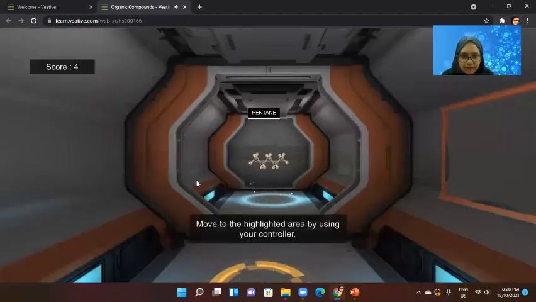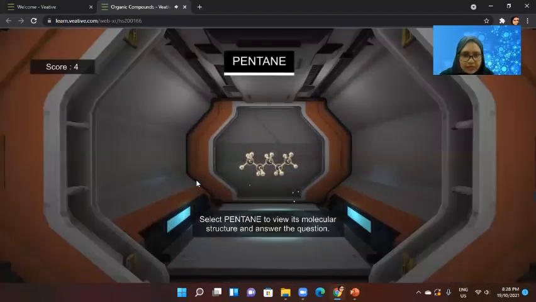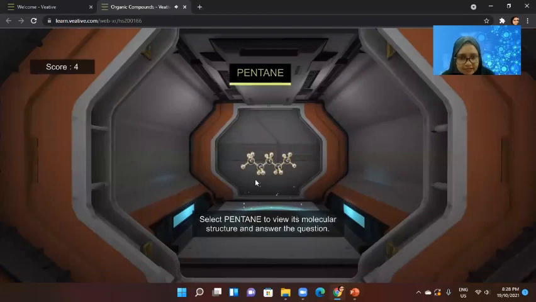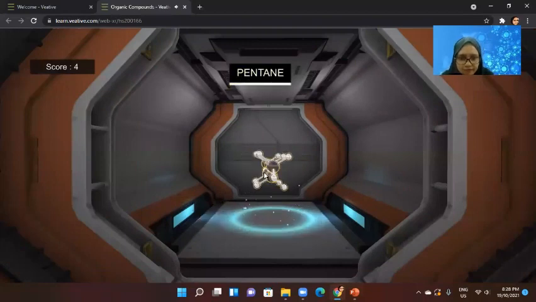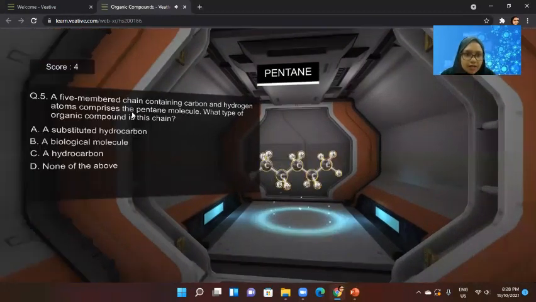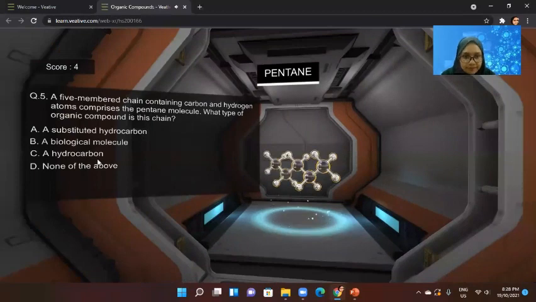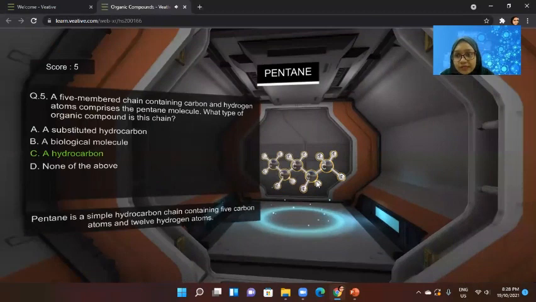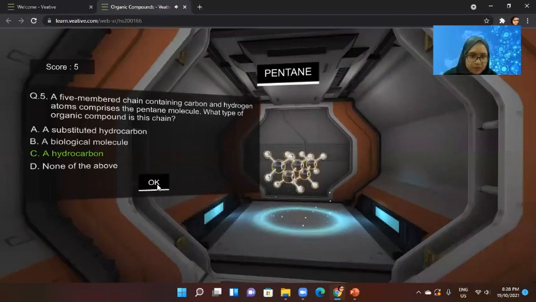Okay, we have pentane here. Okay, so pentane here, you can see they have 5 carbons and hydrogens all over. Okay, so they are what type? Hydrocarbon. Very good. Okay, this contain only carbon and hydrogen atoms. Okay, good job, everyone.